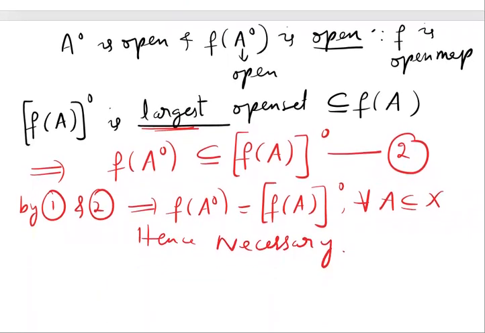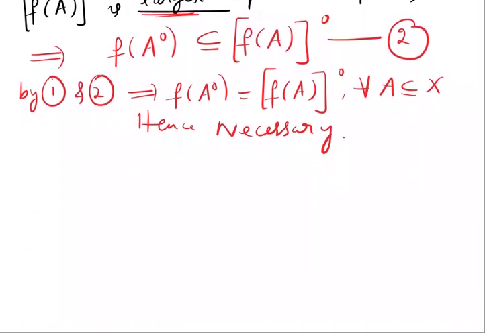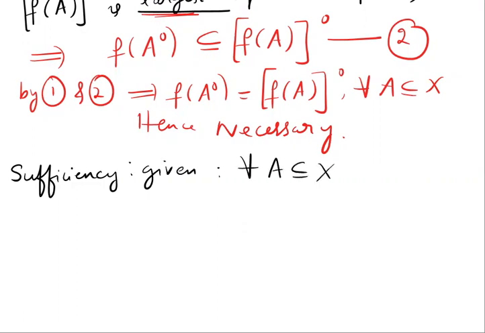Now can anyone tell me what is given in sufficiency? Given: for all subsets A of X, F of A interior is equal to F of A whole interior.